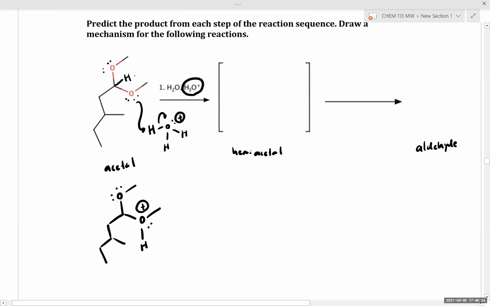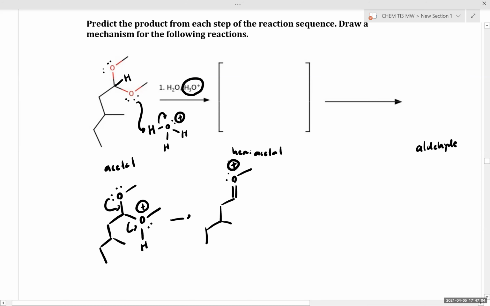So we've protonated one of our ethers. We have a much better leaving group. So now, as your classmates are drawing out, we can kick out an equivalent of alcohol. Exactly right. Perfect. So from here, that gives us the following pretty activated cationic species.